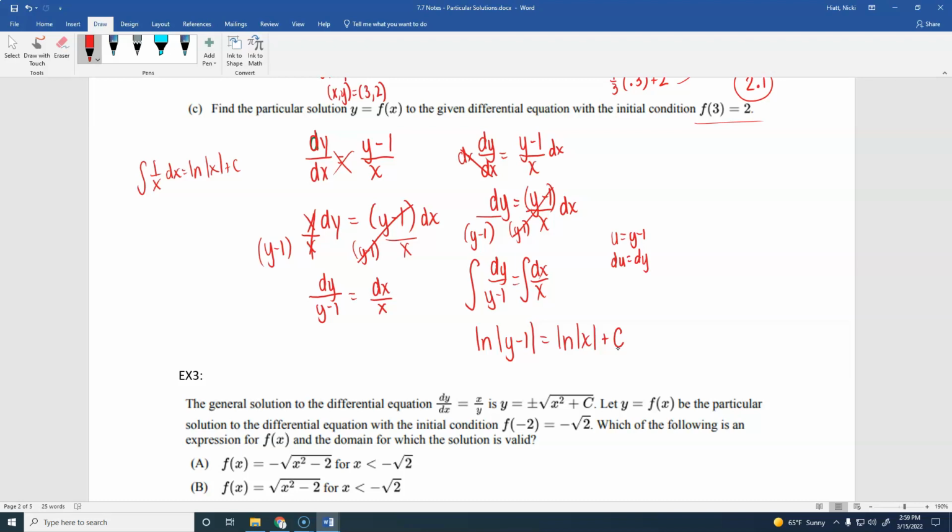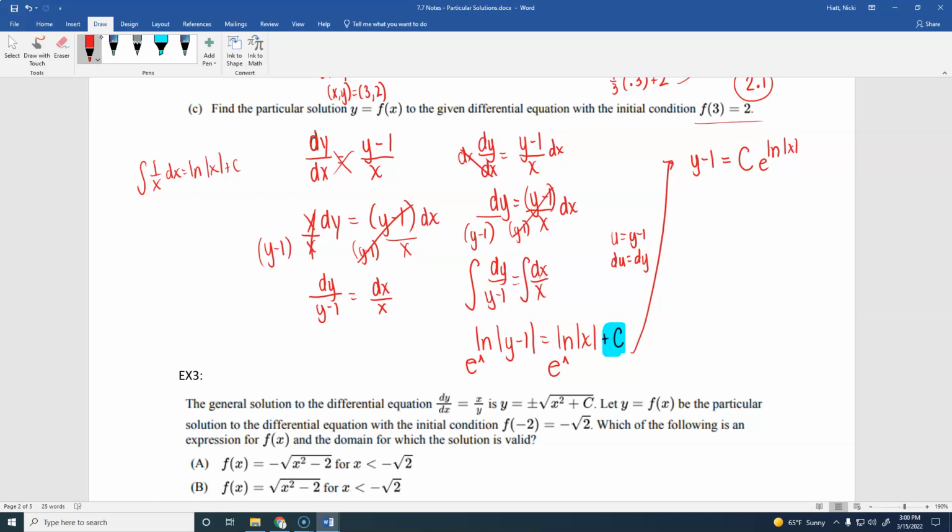So I would probably on this one solve for y first because I don't like all that natural log stuff. So we would do e to the power on both sides. On this left-hand side, I'm going to get just y minus 1. What do I have to do with this plus c when I do that e to the power? It goes out front, and it's going to be c e to the natural log of absolute value of x.